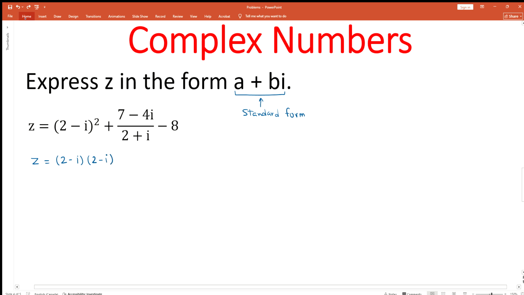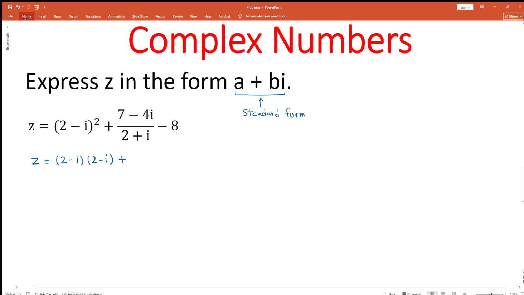For the second term, which is a fraction, (7 minus 4i) over (2 plus i), we have to use the conjugate method to simplify this fraction. We should multiply the numerator and the denominator by the conjugate of the denominator expression because we want to get rid of the i in the denominator.